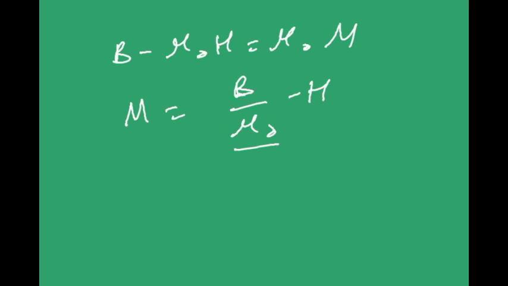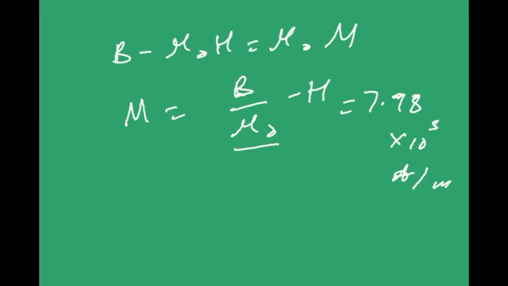Mu naught is a constant, and H we found out in the first part of the problem. So just put the values, you will approximately get 7.98 into 10 power 5 ampere per meter. Units are the same.